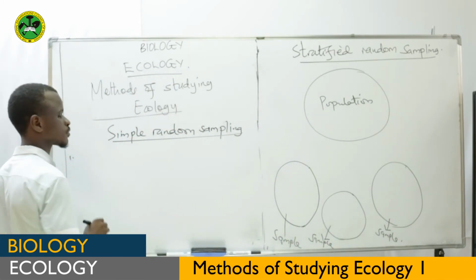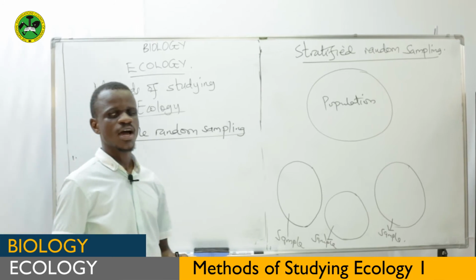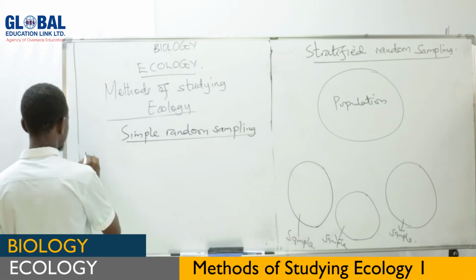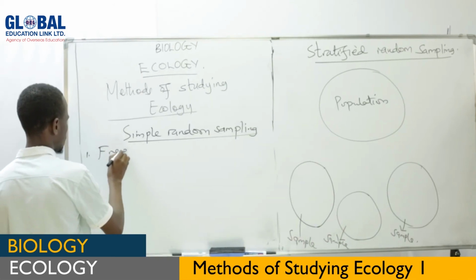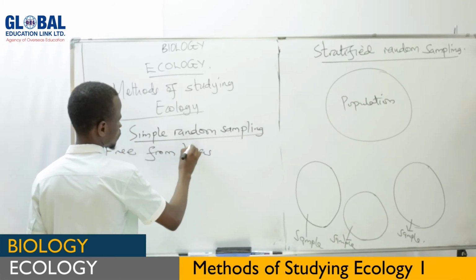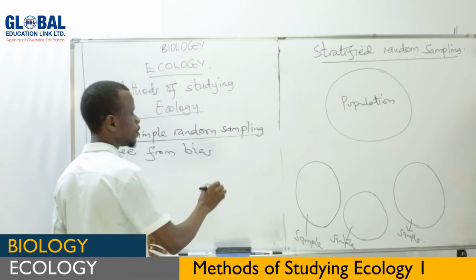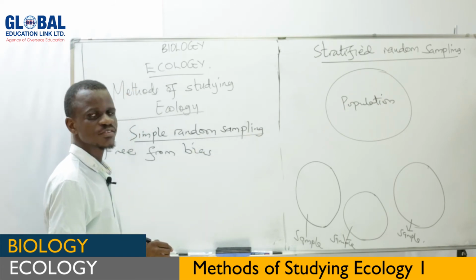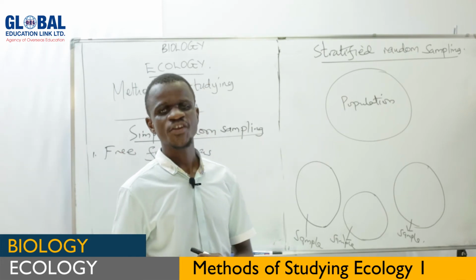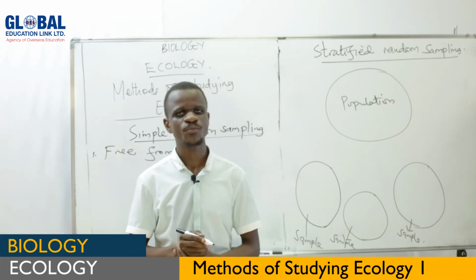My student, if every member has equal chances of being selected, is this technique biased? No, it's not biased. Therefore, this method is free from bias. No personal biasness may be introduced because each individual has an equal chance of being selected.